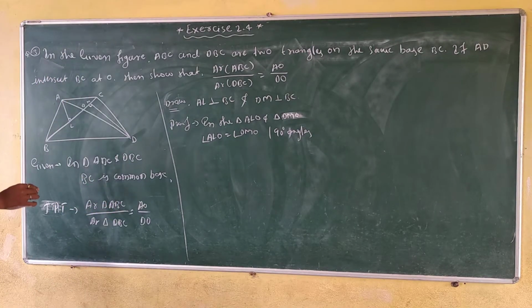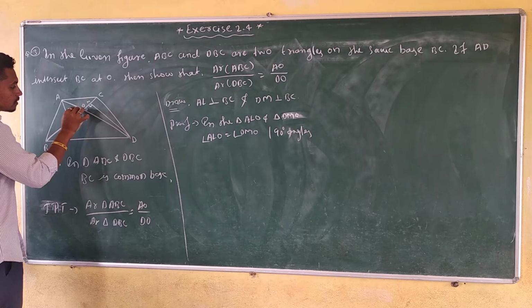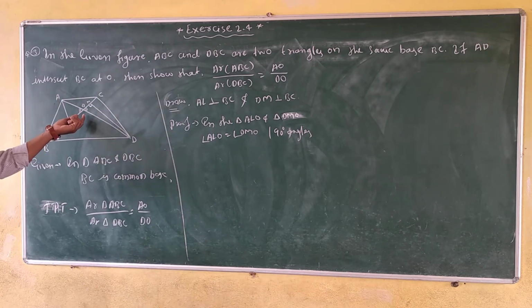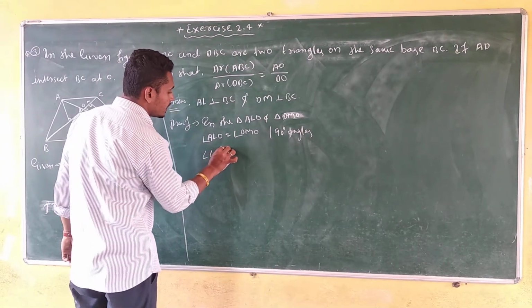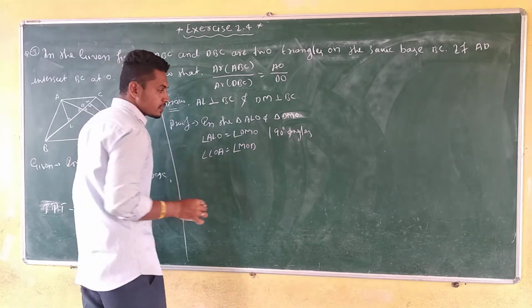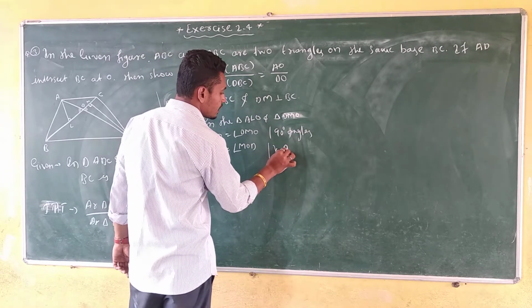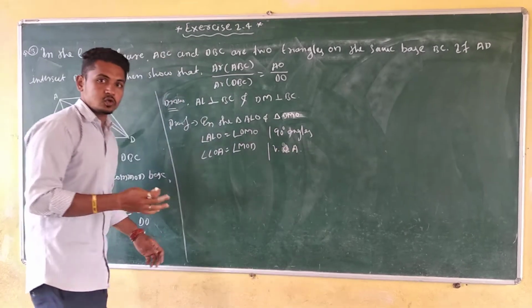Another one: vertically opposite angles are equal to each other. So write angle LOA is equal to angle MOD.